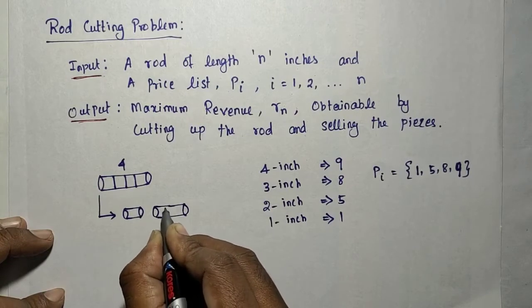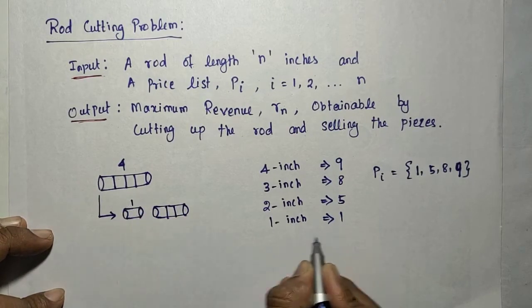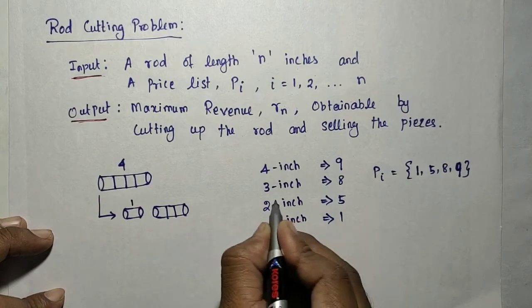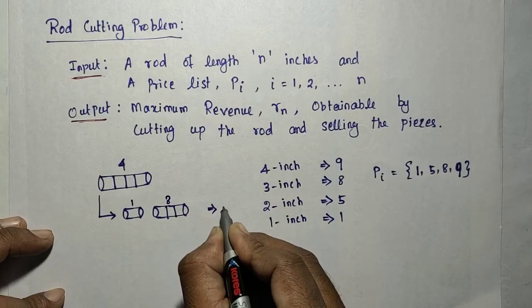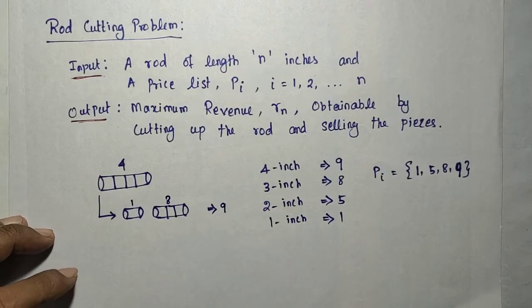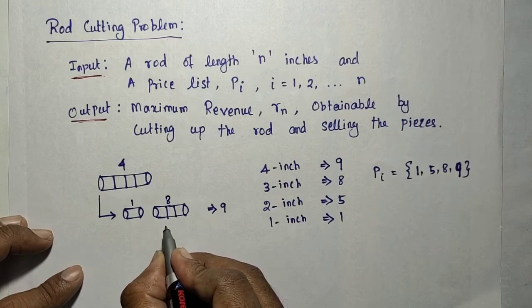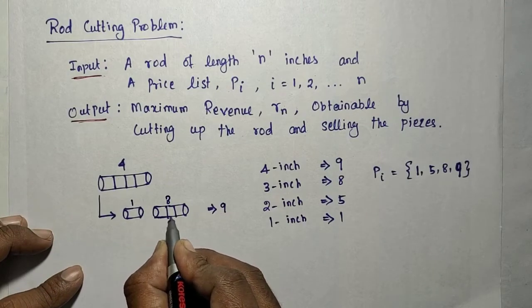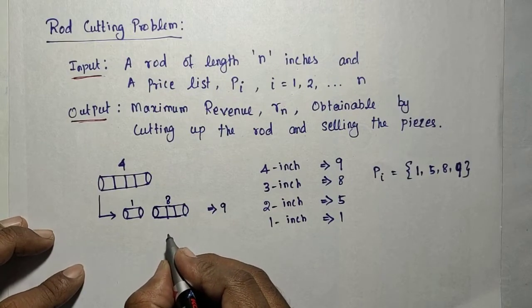The 1-inch rod price is 1, the 3-inch rod price is 8, so we will get 9. That is one solution. Otherwise, from this 3-inch rod itself we can get the maximum revenue, which means again doing another cut.